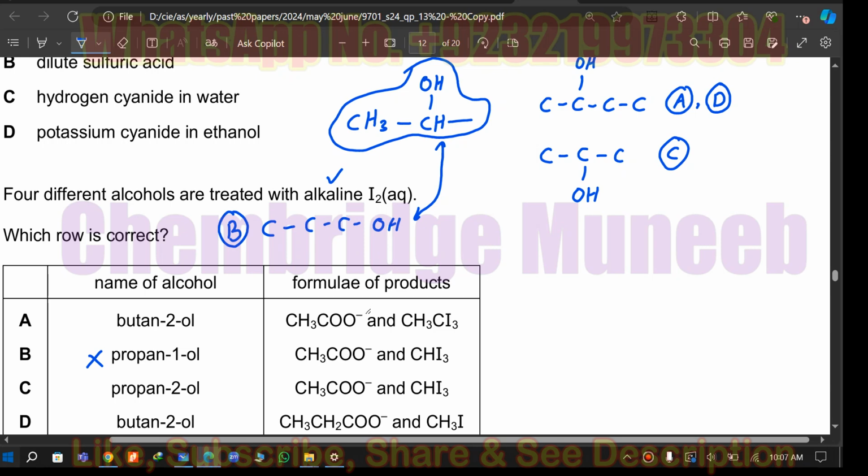Okay, now we have to consider the products obtained as a result of the reaction with alkaline I2.